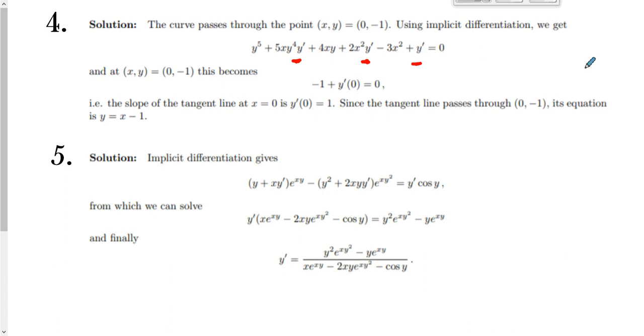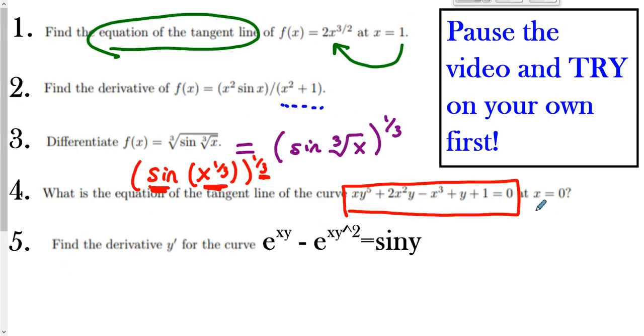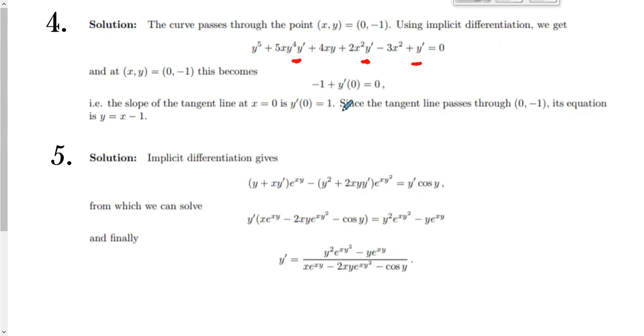Okay, so you take this derivative, and then the question was to find the slope at, what was it? Slope at x equals 0. So if you put 0 in for x here in this original problem, you should be able to find out what y is. I think it's 1, is it? Is that right? No, -1, sorry. So if you put in 0, you should get that y equals -1.